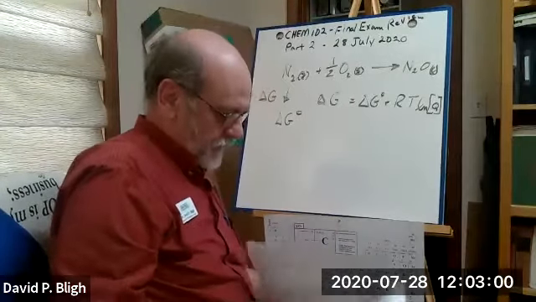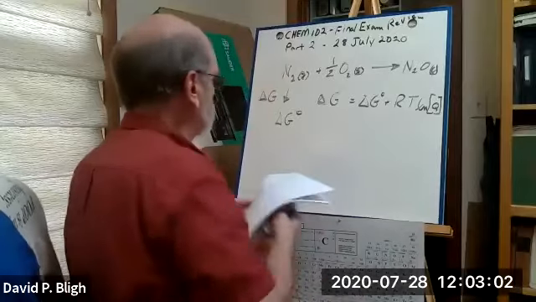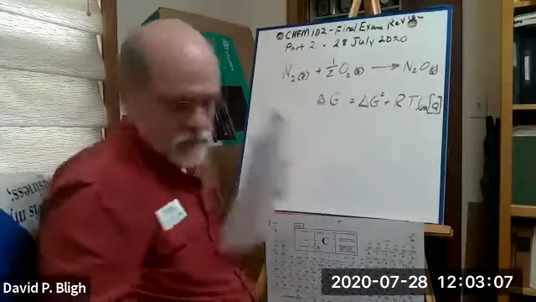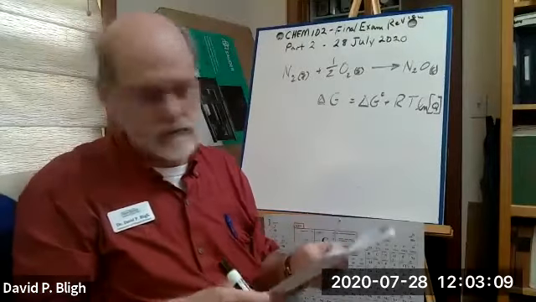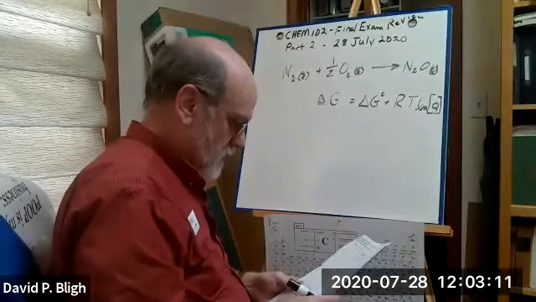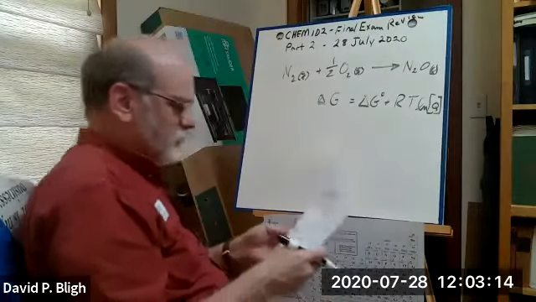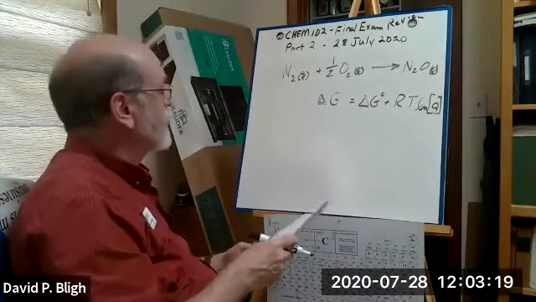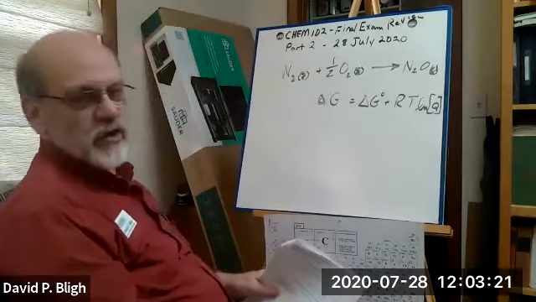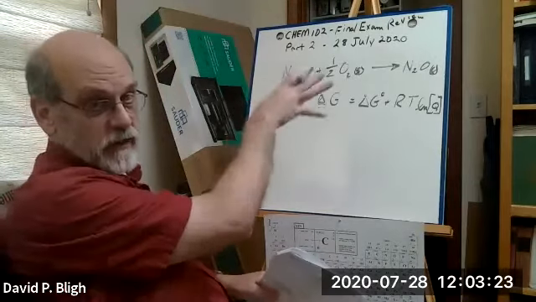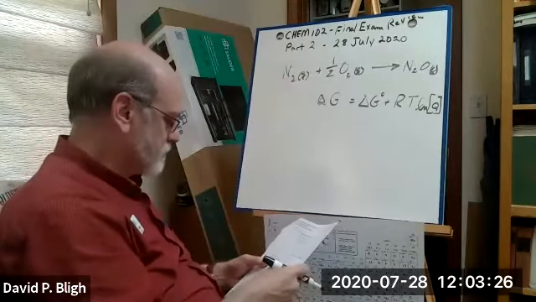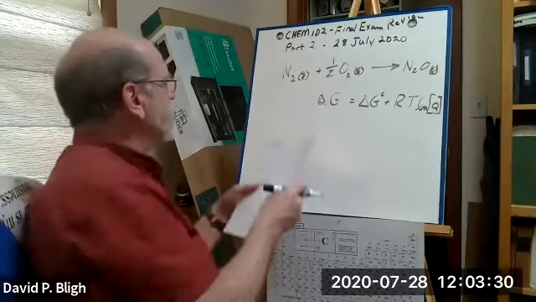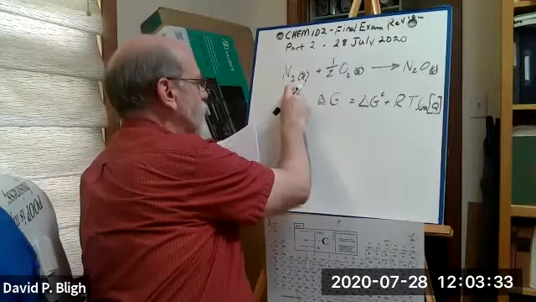All right. So these are all gases. So let's work it in terms of decreasing the partial pressure of each one of these and see what happens to delta G. What if we decrease the partial pressure of this one?